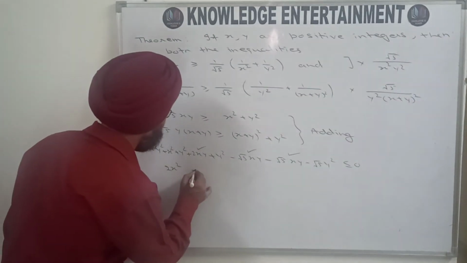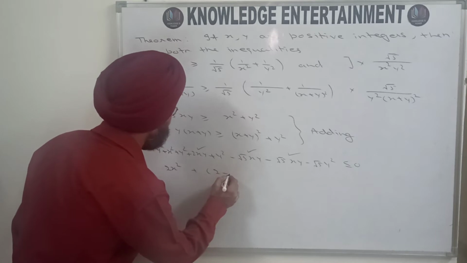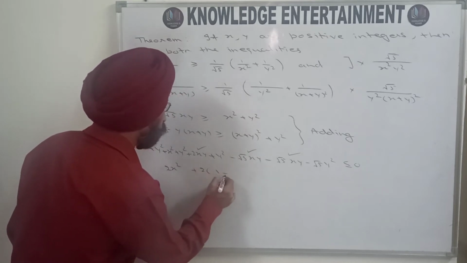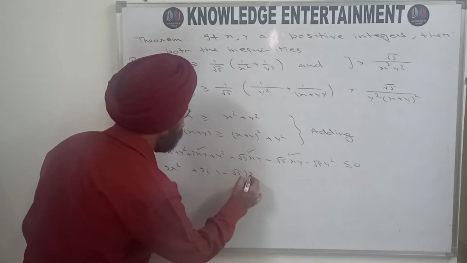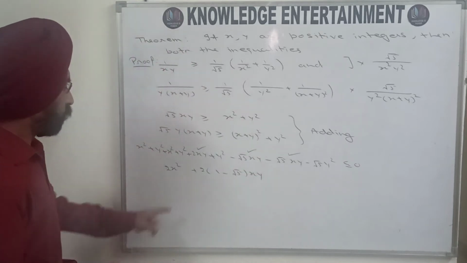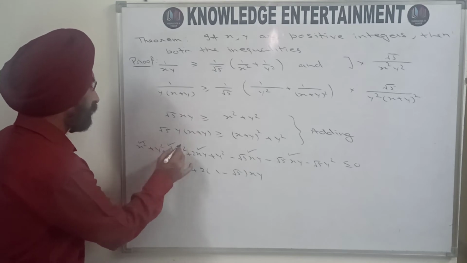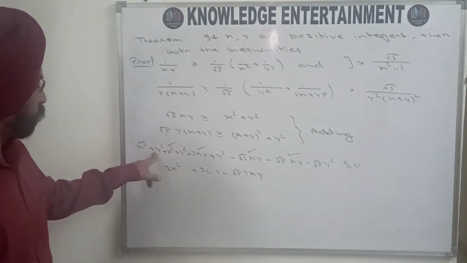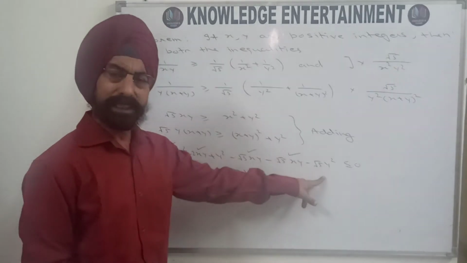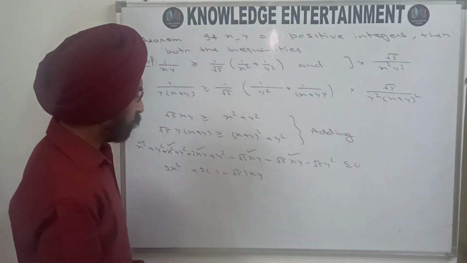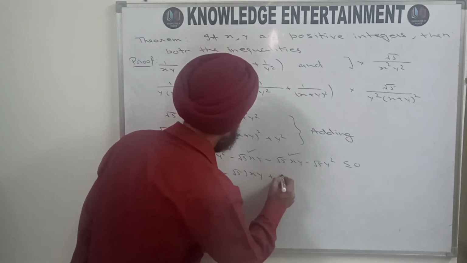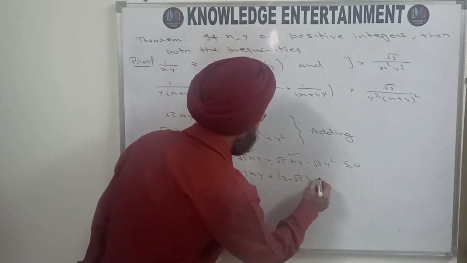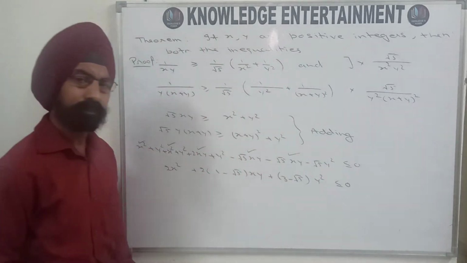So plus 2, you can take out 2 common, (1 minus root 5) xy. So these terms are being taken. What are you left with? y square, y square, y square minus root 5 y square. So you will get plus (3 minus root 5) y square is less than or equal to 0.